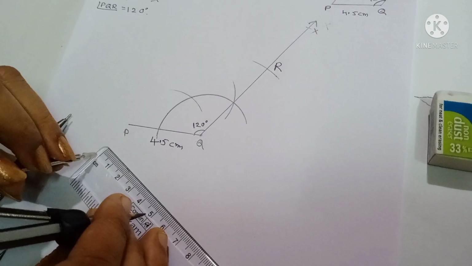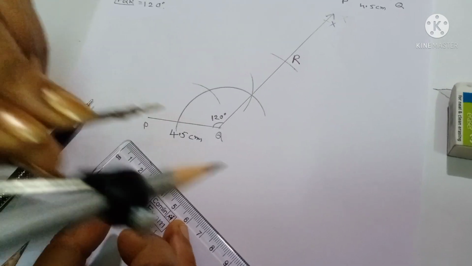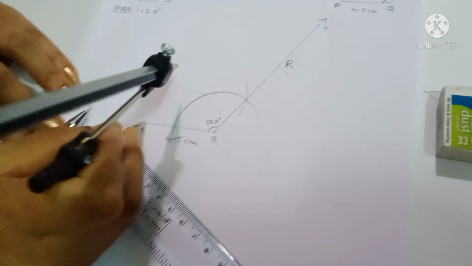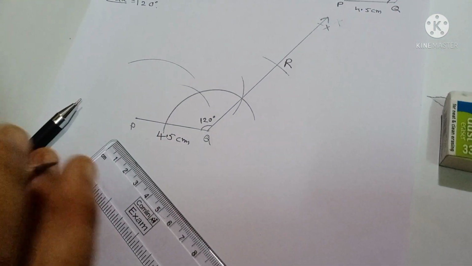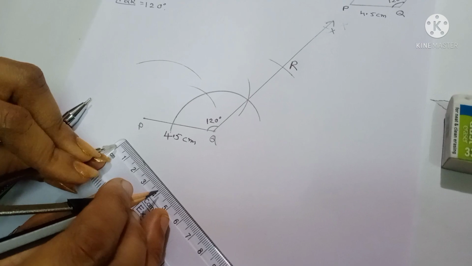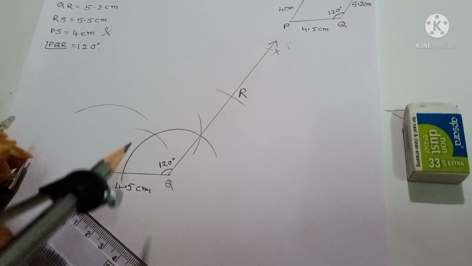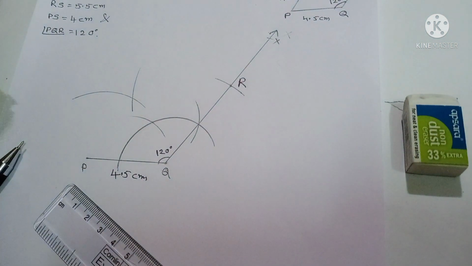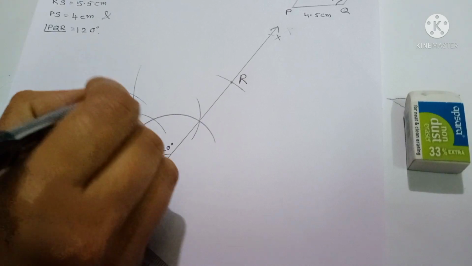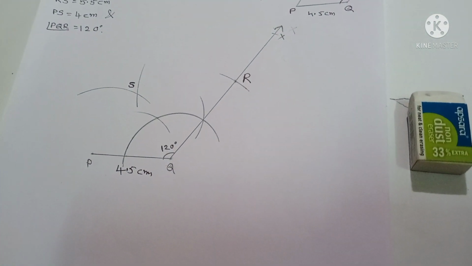First, we take 4 centimeters radius and center P. Draw an arc. Then take 5.5 radius, 0 to 5.5, and draw another arc to cut the last arc at S. This is the fourth vertex.